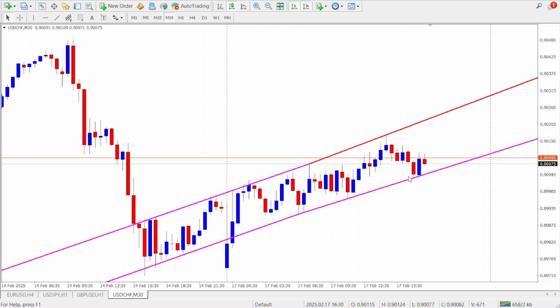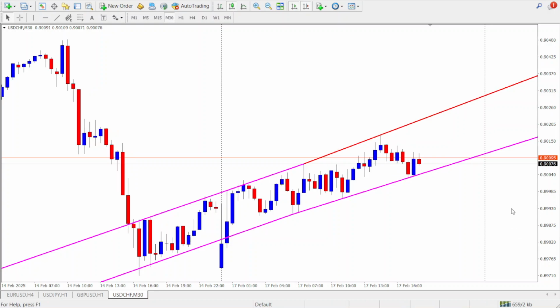So these areas can be great for entry and exit points, the dynamic levels that are being plotted by the indicator. So using the auto trend lines indicator in combination with candlestick patterns, moving averages, and momentum indicators can actually create a high probability trading strategy that keeps you ahead of the market.